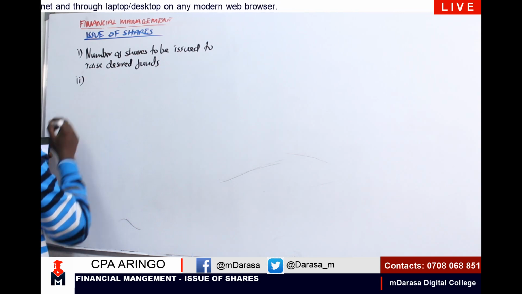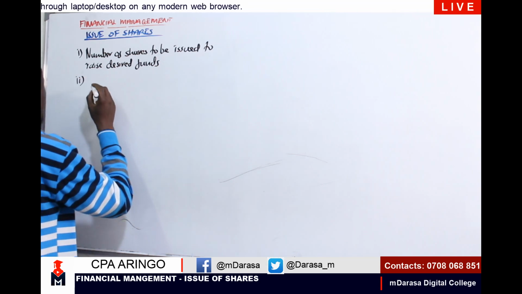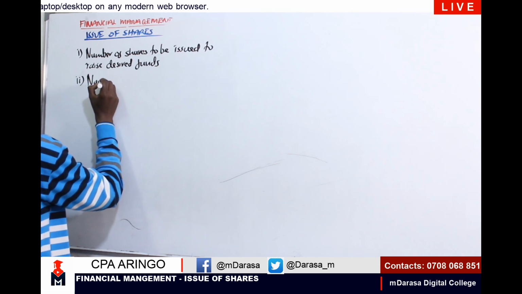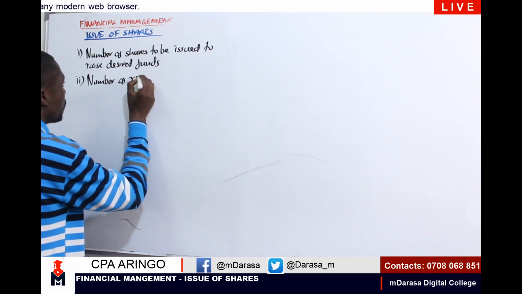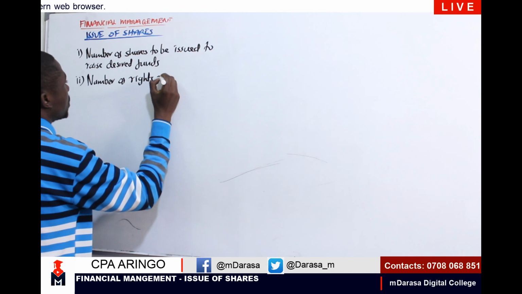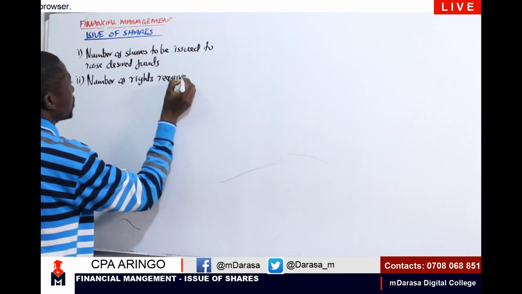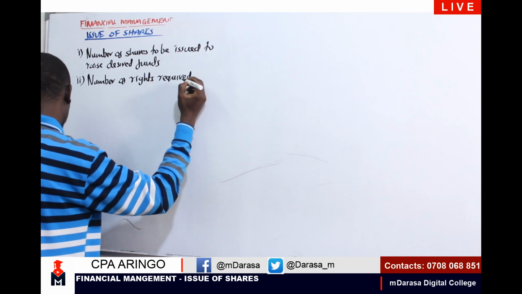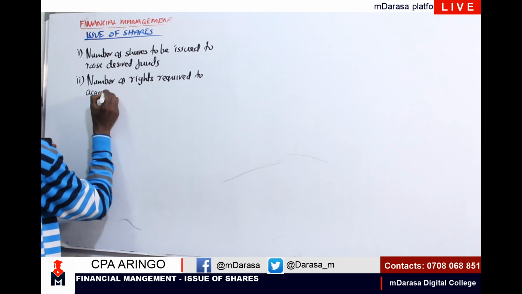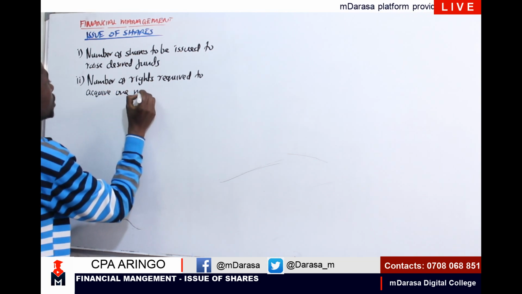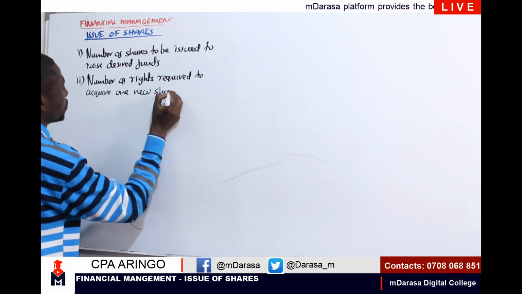The second element to understand is the number of rights required, the number of rights required to acquire one new share.